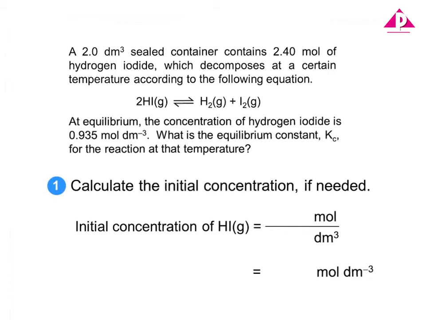Initially, there is 2.40 moles of hydrogen iodide, and the volume of the container is 2.0 dm cube. Divide 2.40 moles by 2.0 dm cube. We get the initial concentration of hydrogen iodide, 1.20 mole per dm cube.